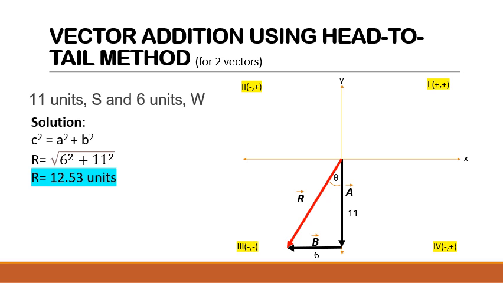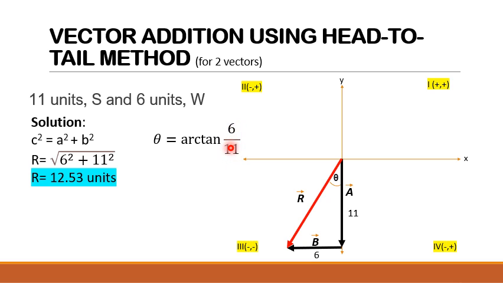So that's 6 squared, that's the side for the B vector, and 11 squared for the length of the vector A. So 6 squared plus 11 squared, square root of that is 12.53 units. And that's our resultant for this example. In getting the angle, you just have to get the arc tangent or shift tangent in your calculator by dividing 6 and 11.